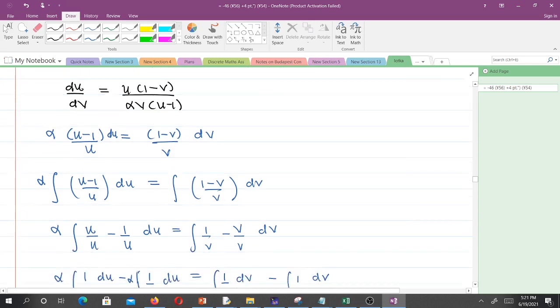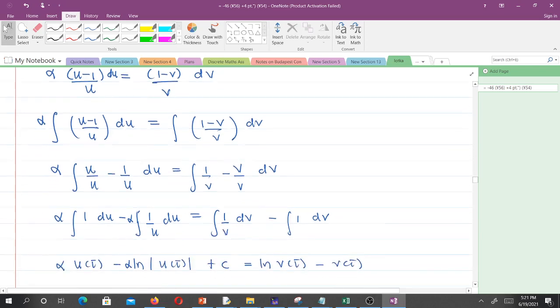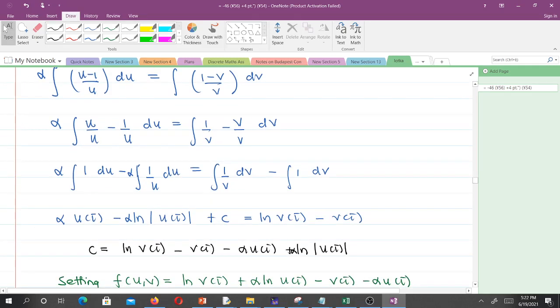Then we can bring the alpha out and integrate both sides, right? So (u minus 1) over u is the same as u over u minus 1 over u du, and (1 minus v) over v is the same as 1 over v minus v over v. And when we simplify further, this is the same as integral 1 du minus alpha integral 1 over u du equals integral 1 over v dv minus integral 1 dv, right?